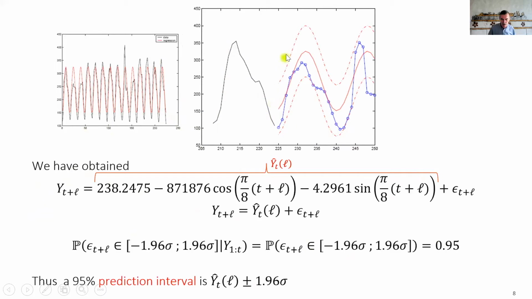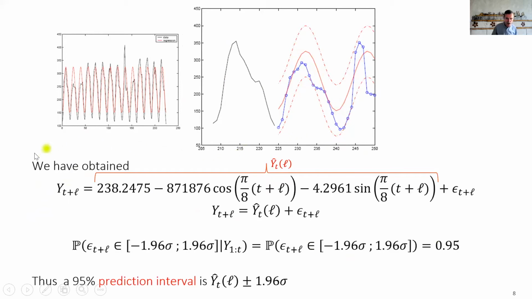So the red thing here is the prediction. That's the point prediction. The blue is the truth that was not known at the time of prediction. We see it's not exact, but it's not so different. But what we would like is also a prediction interval with the band given by the dotted lines around the plain line here. How do we obtain it?